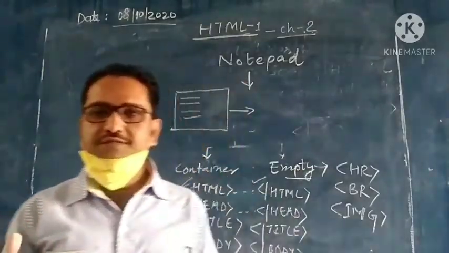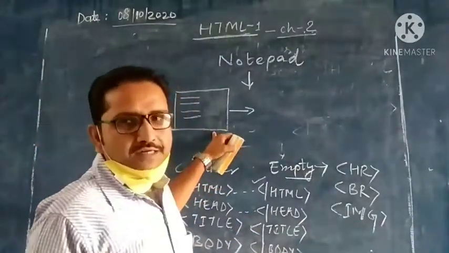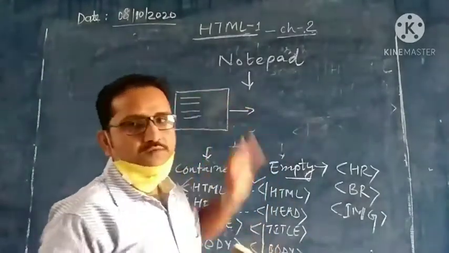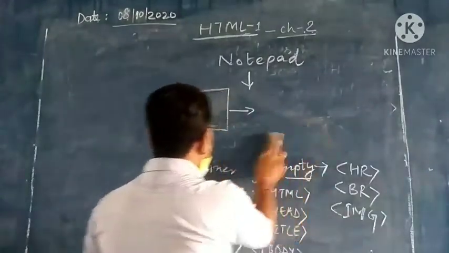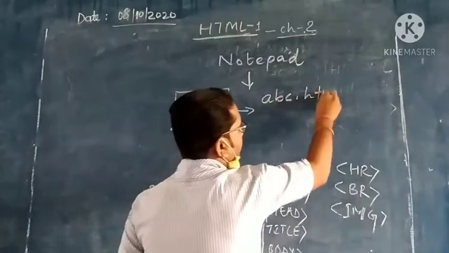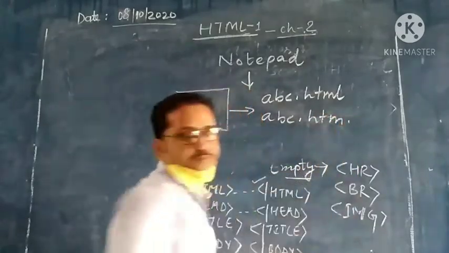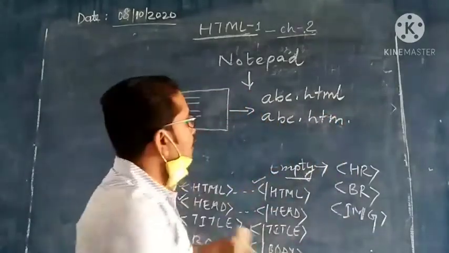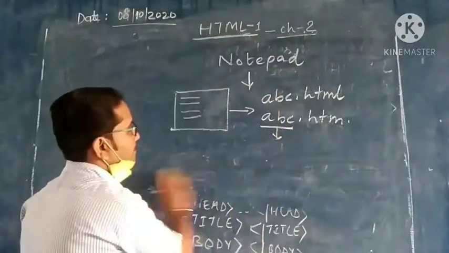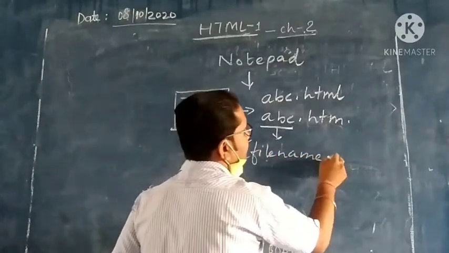So what are the ways to save a file in HTML? Suppose that we have written HTML code and we have to save it. For saving HTML pages, we have to use two things. One is the file name along with its extension.